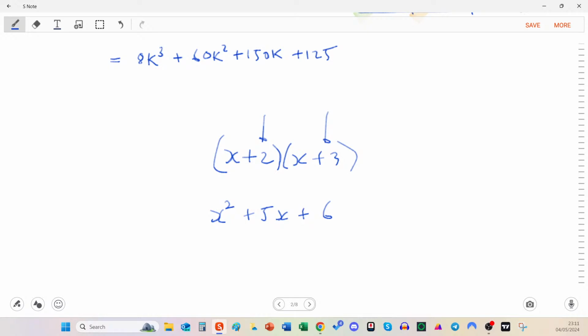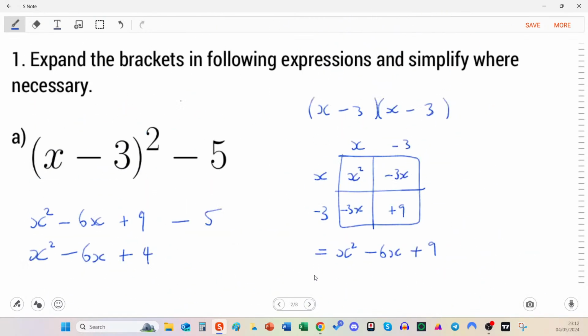And this fact is that the number is 2 times 3, and the coefficient of x is 2 plus 3. So this is why we start with this way round, because you start to notice these tricks, and this is how we sort of go backwards to put them in brackets.